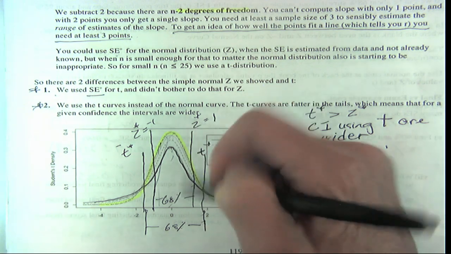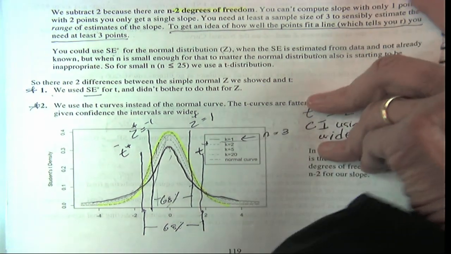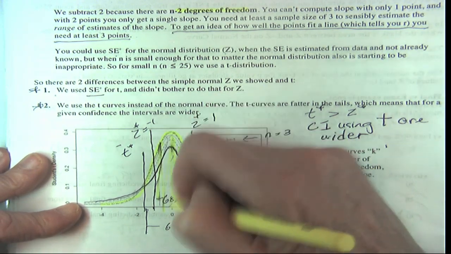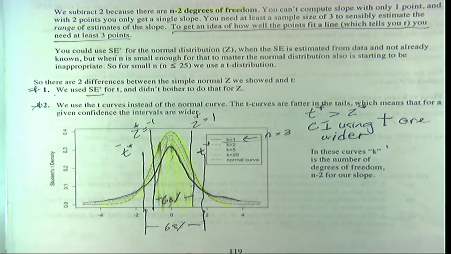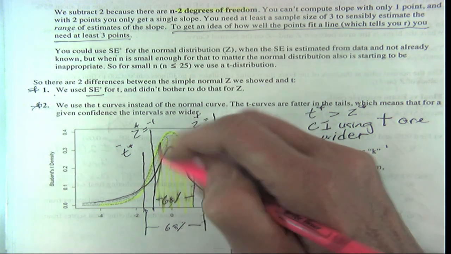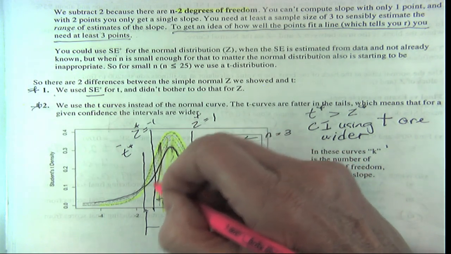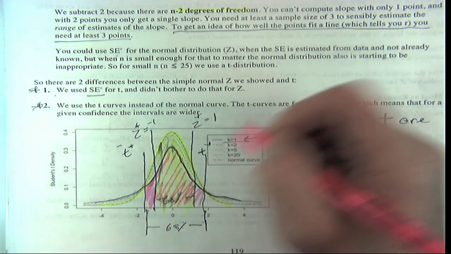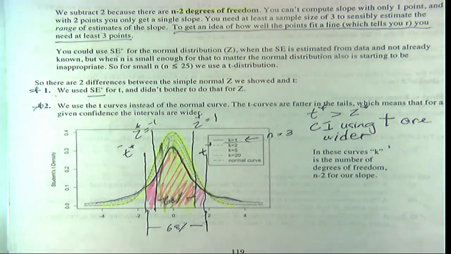Maybe I should make it look better. So this could be the z, and then the t, I'll do a different color. To get the same area, you have to go out wider, something like that.